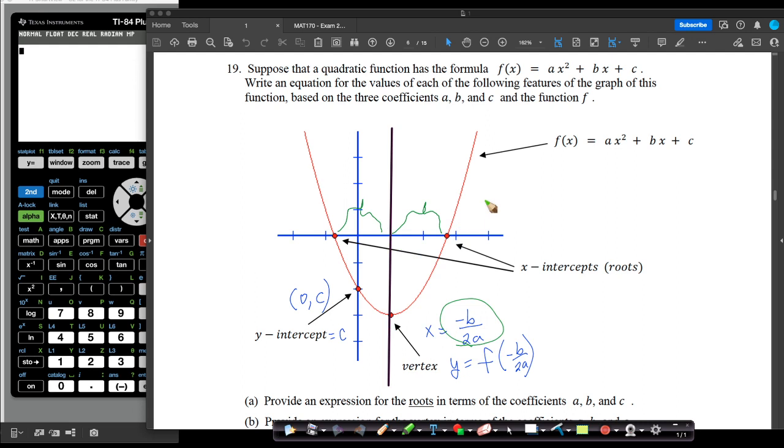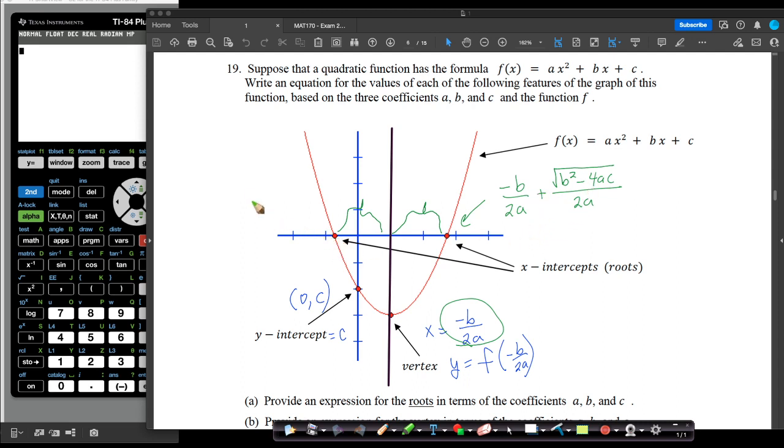So notice we've got our x-coordinate of the vertex is this. And so for this particular root, it will be the x-coordinate of the vertex plus this distance, which is the square root of b squared minus 4ac all over 2a. And so when you get that together, you kind of see where the quadratic formula comes from.